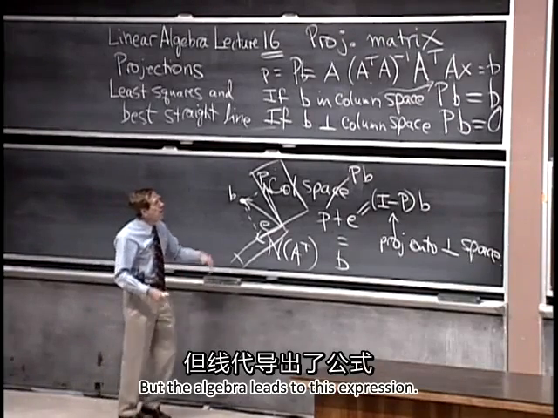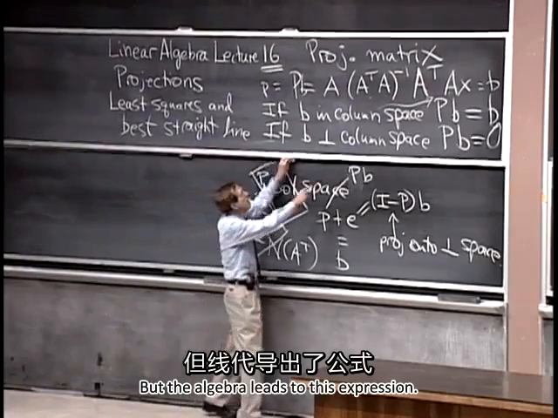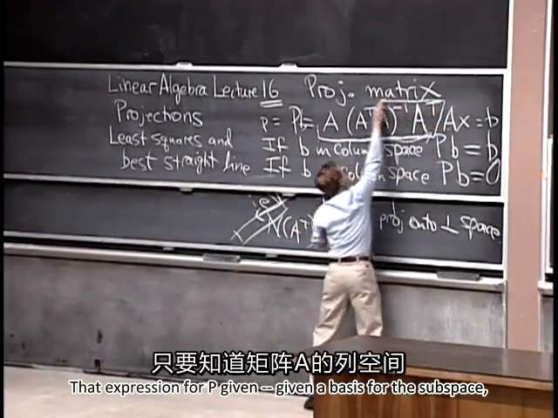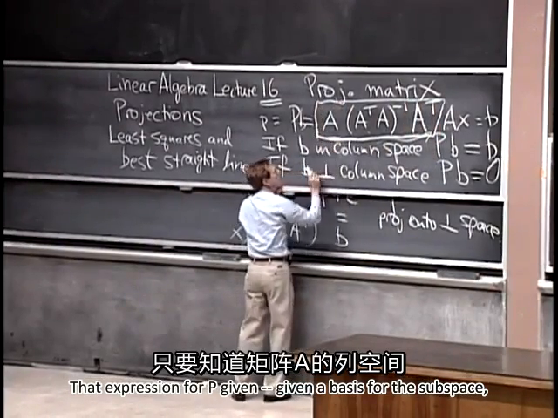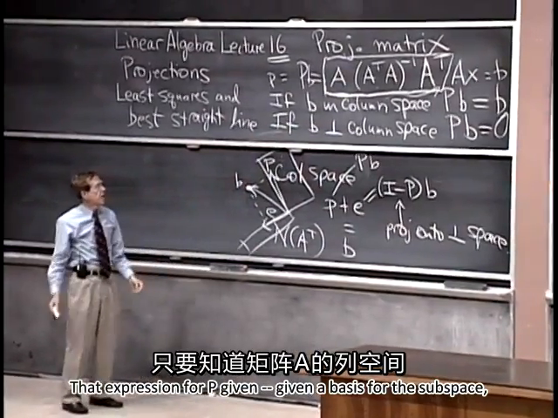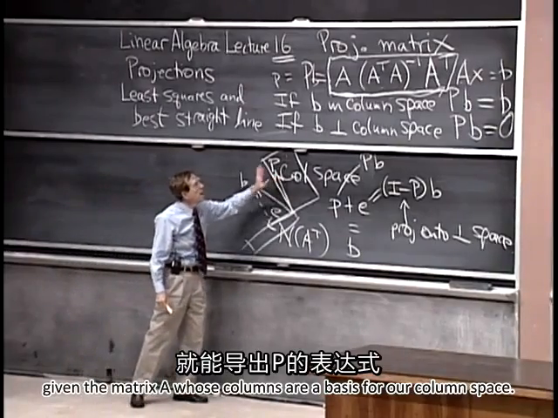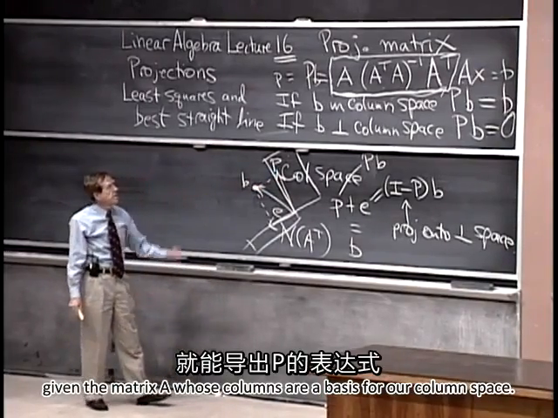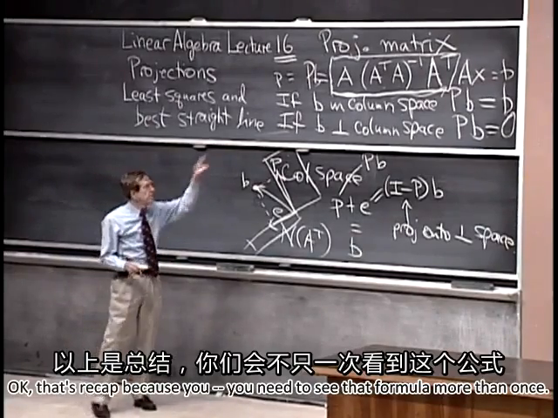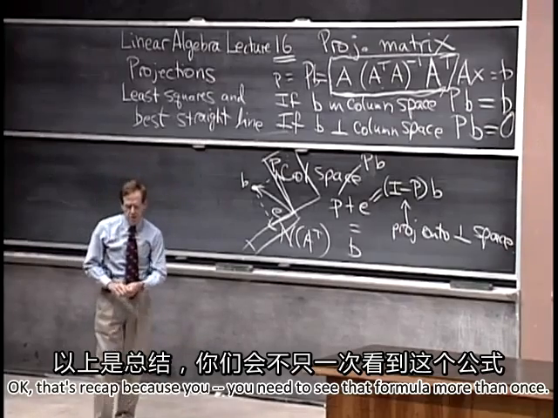But the algebra leads to this expression, that expression for P given a basis for the subspace, given the matrix A whose columns are a basis for our column space.